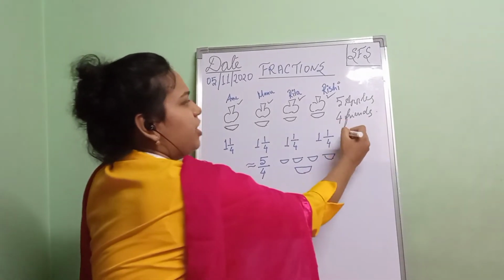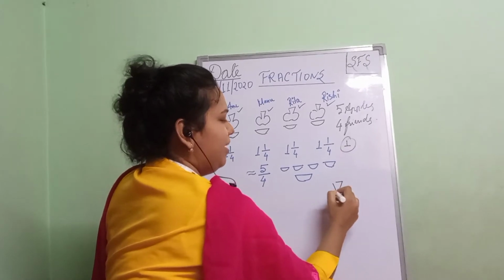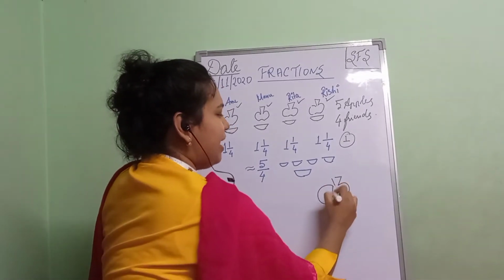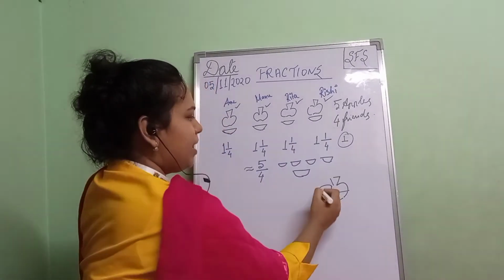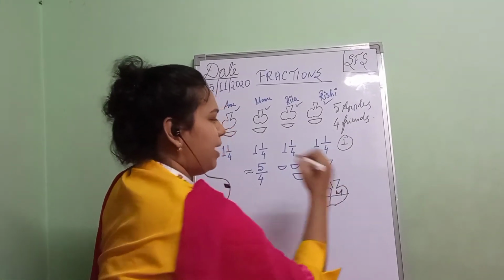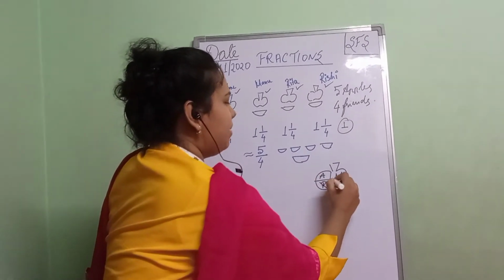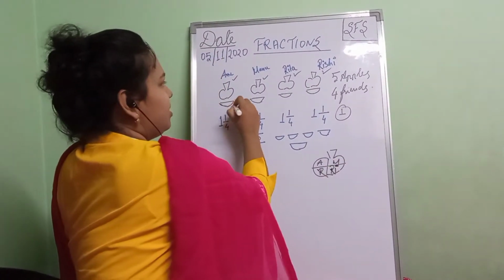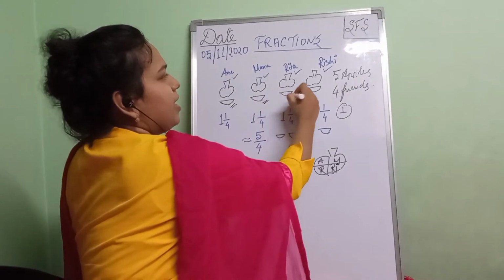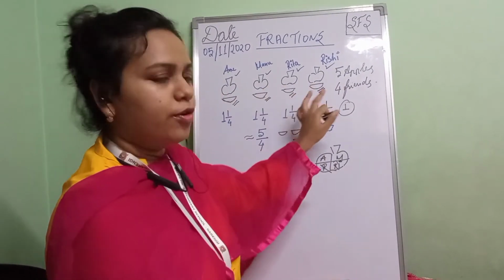Also, the remaining 1 apple was divided into 4 parts, and 1 part was eaten by Anu, 1 part was eaten by Manu, 1 part was eaten by Rita, and 1 part was eaten by Rishi. This apple was divided among the 4 friends.